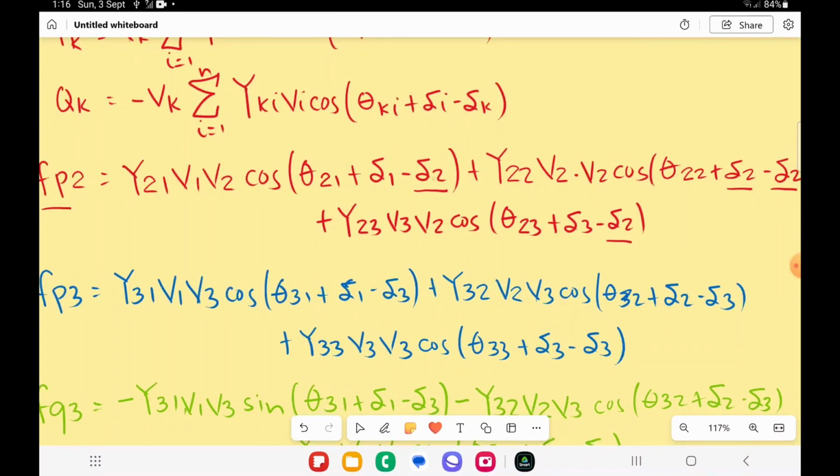So for the first term, we have negative delta 2, and the derivative of cosine is negative sine. So negative sine times negative is positive. So for the first term, we have Y21 B1 B2 sine theta 21 plus delta 1 minus delta 2.